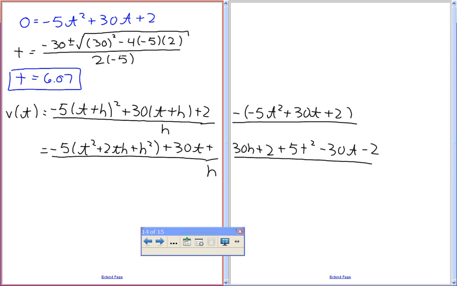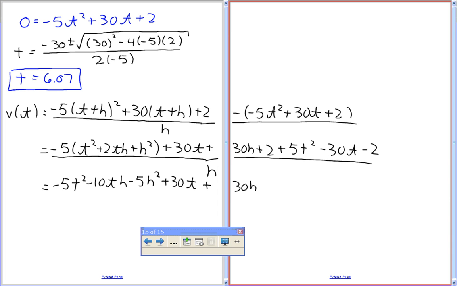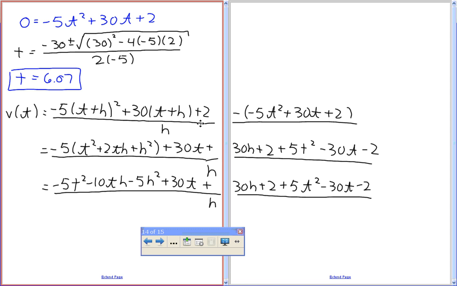Well, you could go negative 5 minus 10t. Lovely.